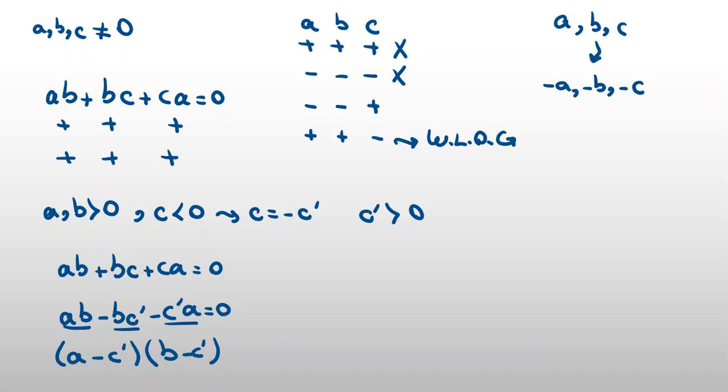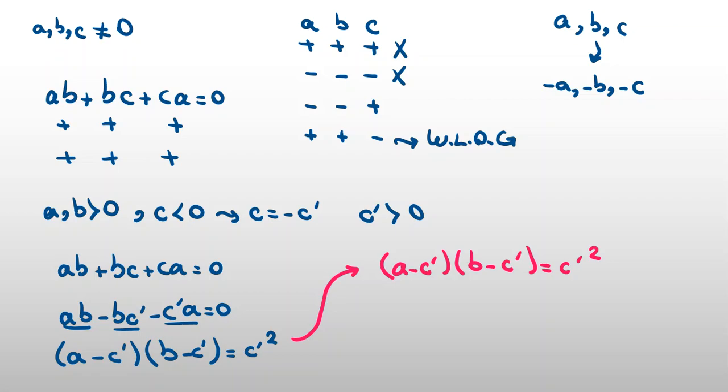I have what more? Negative C prime times negative C prime will be C prime squared. So this is the important equation that we've reached here: A minus C prime times B minus C prime equals C prime squared.